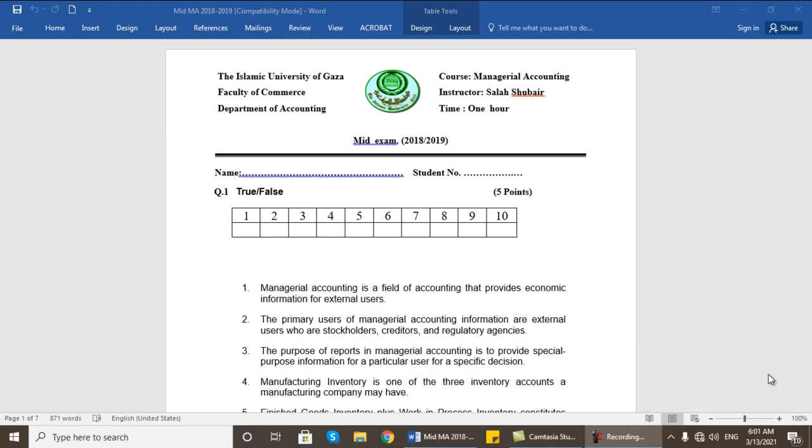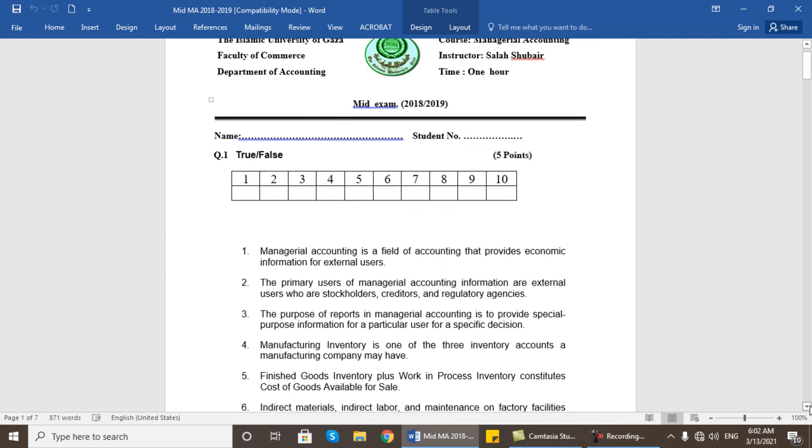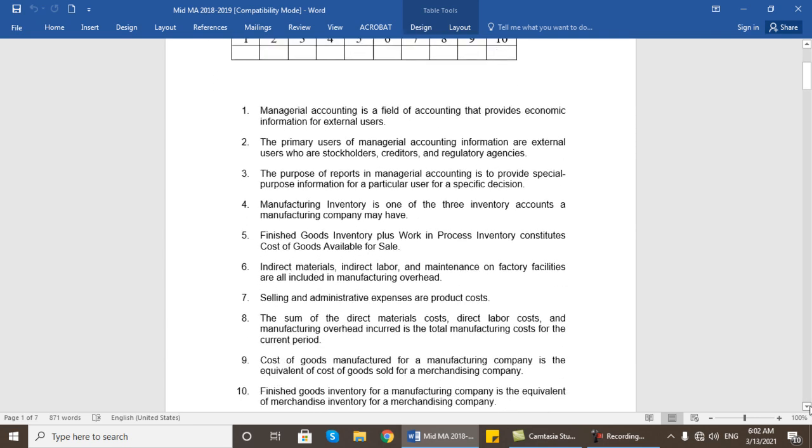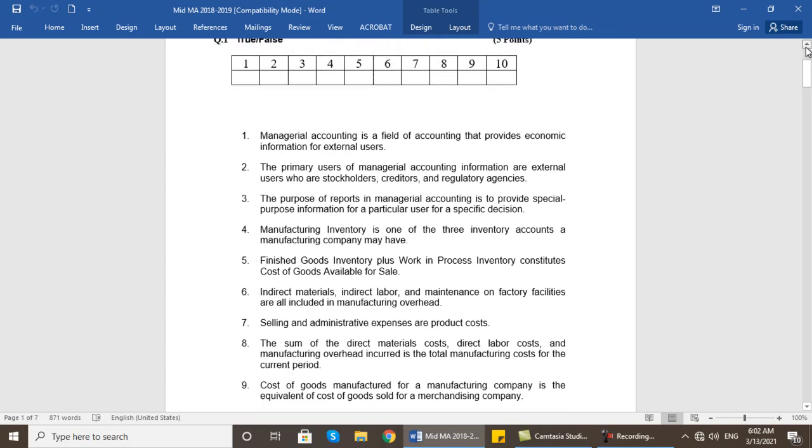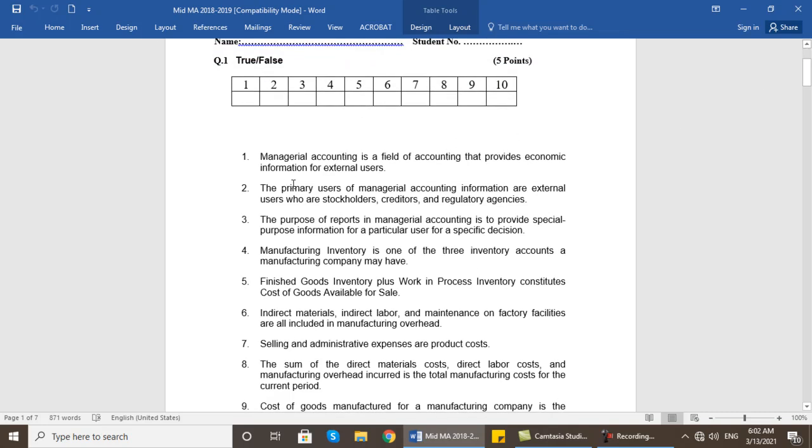Managerial Accounting Review, Chapter 1 and Chapter 5, mid-exam, mirror mid-exam. As you see, question number 1, true and false. Number 1, managerial accounting is a field of accounting that provides economic information for external users.